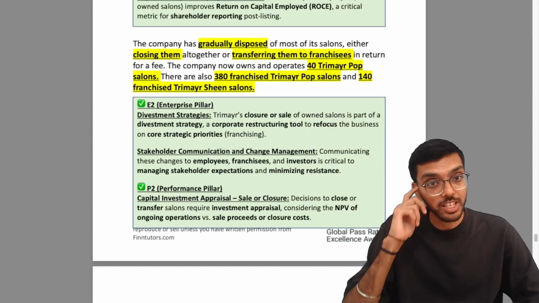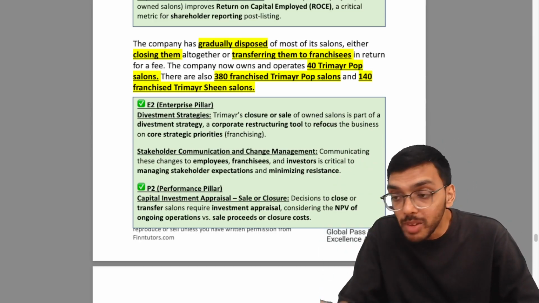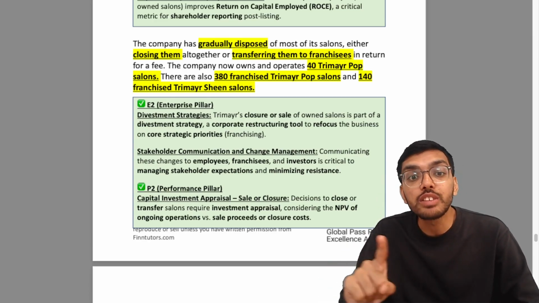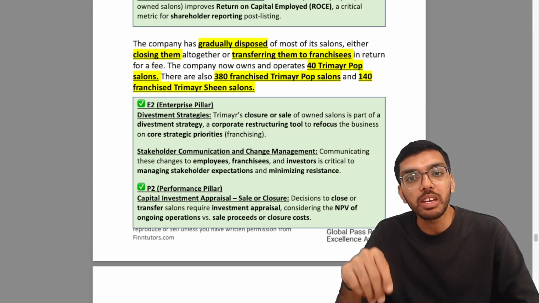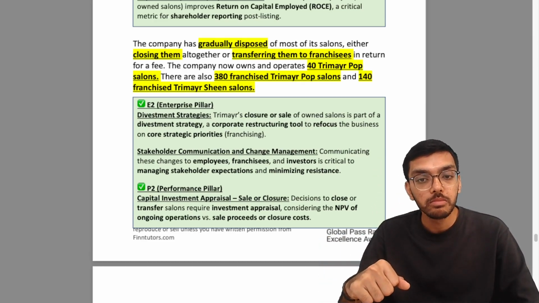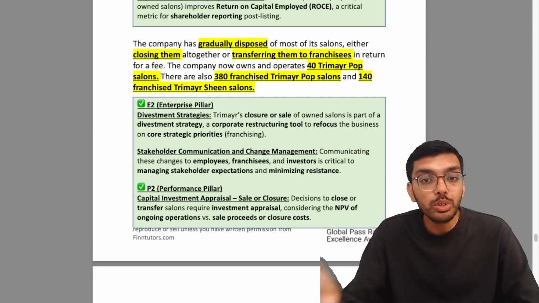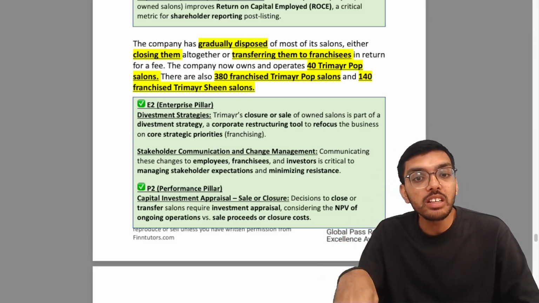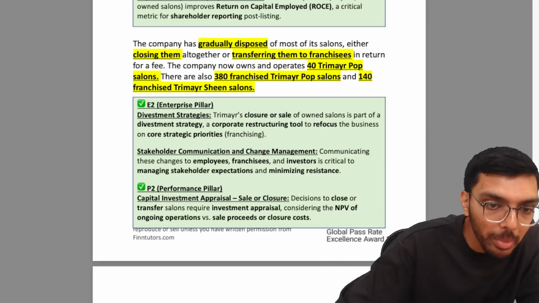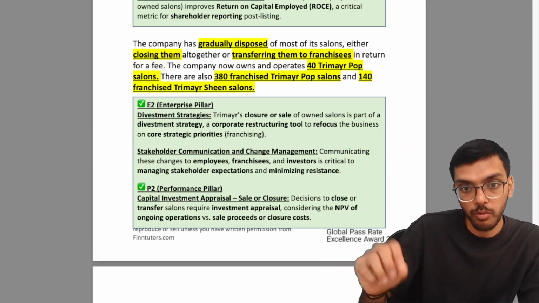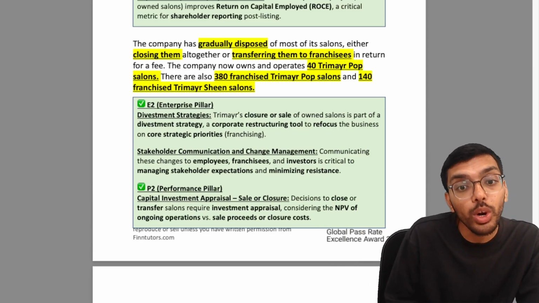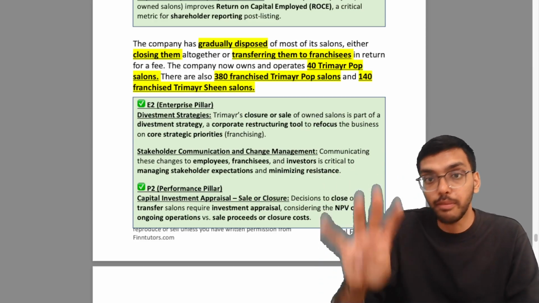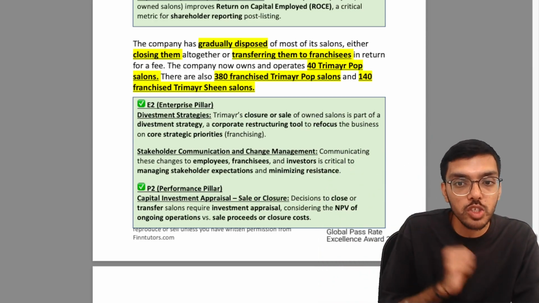One more important aspect coming now: capital investment appraisal. Decisions to close or transfer salons require investment appraisal. At what price will you sell? At what optimum value should you sell? So when we did that, considering the net present value of ongoing operations versus the sale proceeds would have to be considered. Same way, a scenario can now come up that the 40 that we own are also being sold.